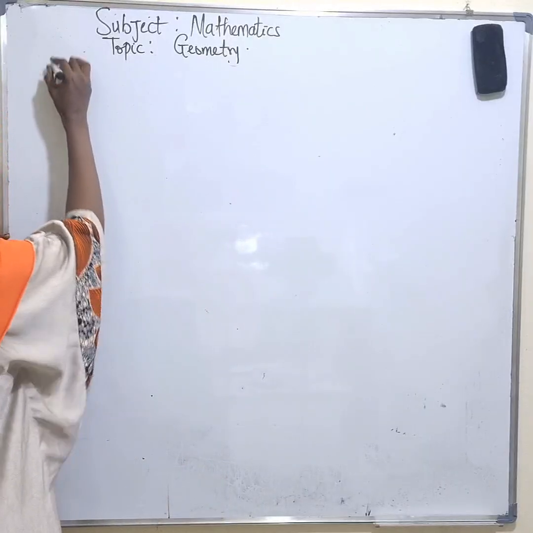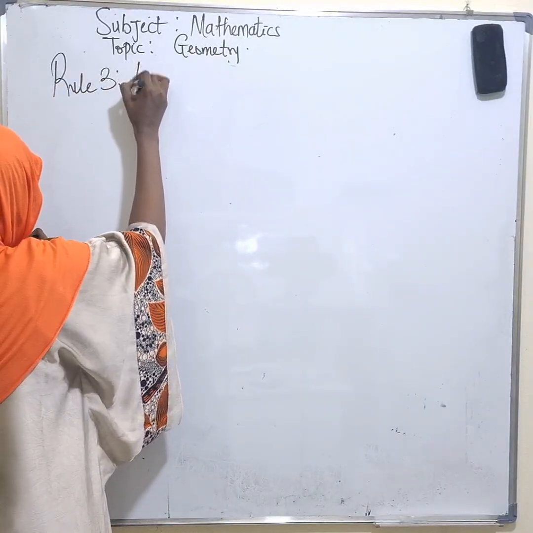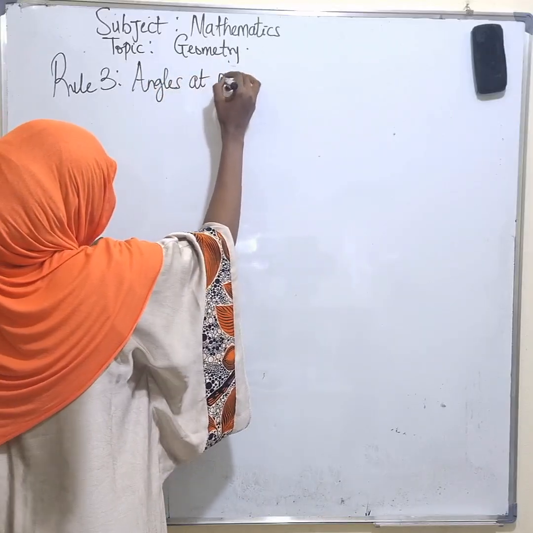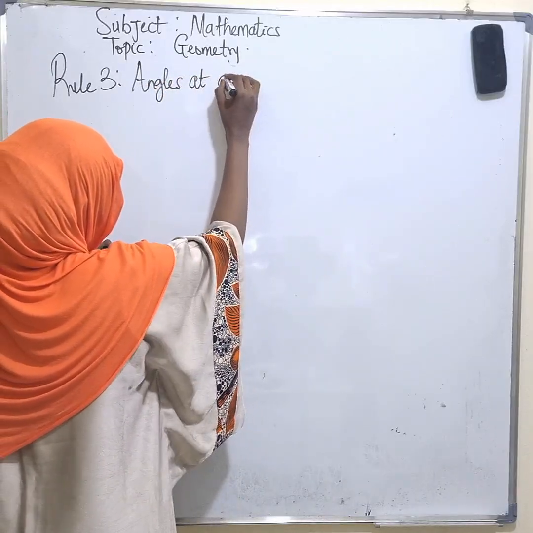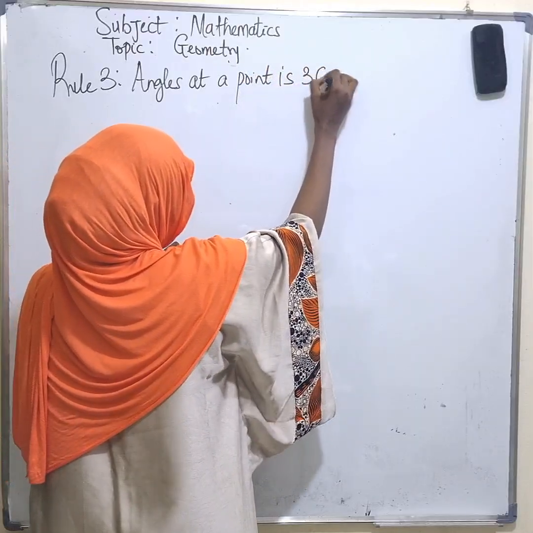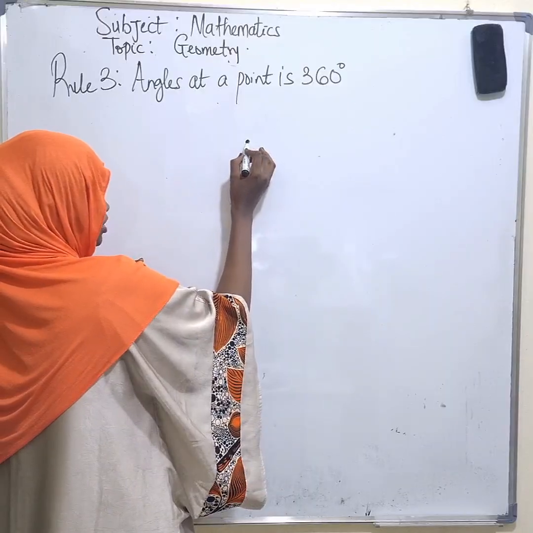So rule 3 states that angles at a point is 360 degrees. What this means is we have a point here, right?